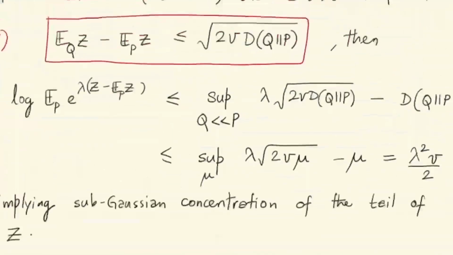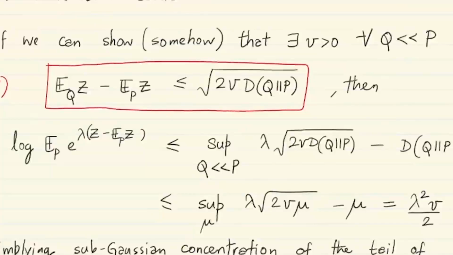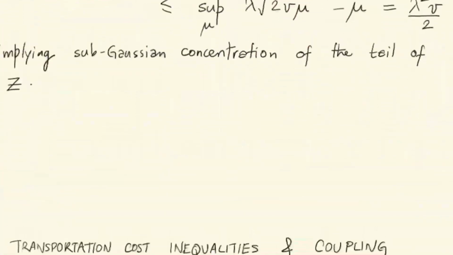So inequalities of the type star are precisely what are called transportation cost inequalities.